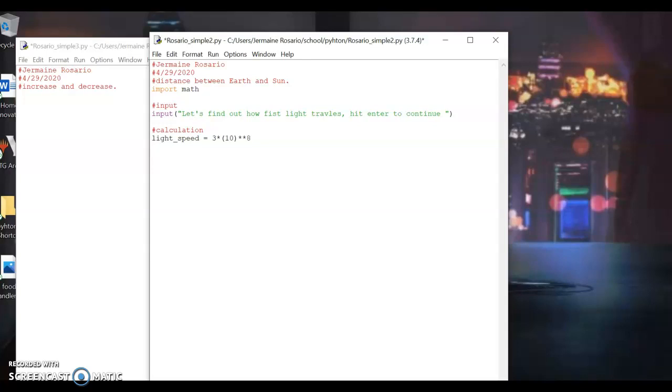And then the distance equals 1.5 times 10 to the 11th power.